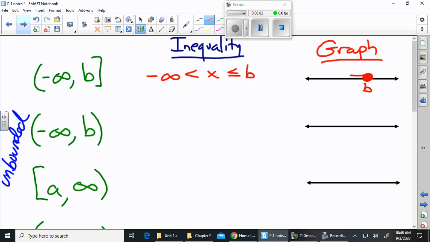Everything smaller than B. Negative infinity all the way to B, and it can include B. The next one has parentheses, so instead of having the equal sign, it has no equal sign. Instead of having a closed dot, it has an open dot.